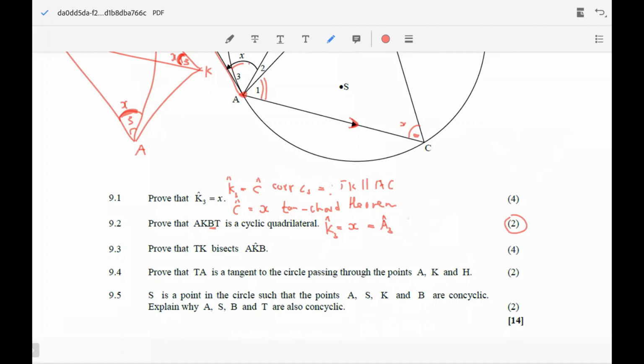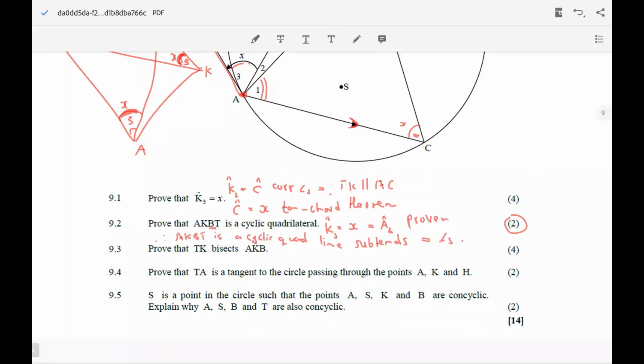And because this was proven in the question above, therefore AKBT is a cyclic quad. Now, what's the reason here? The reason is that line subtends equal angles. Now that is a cyclic quad.